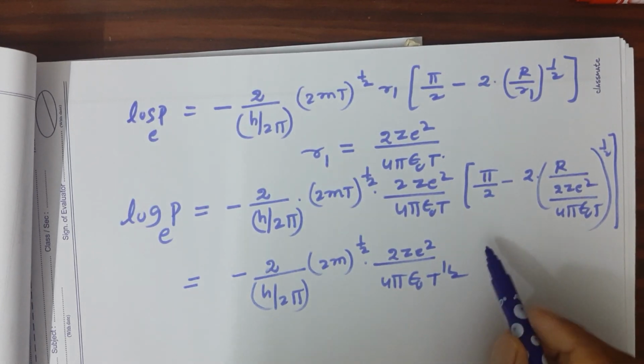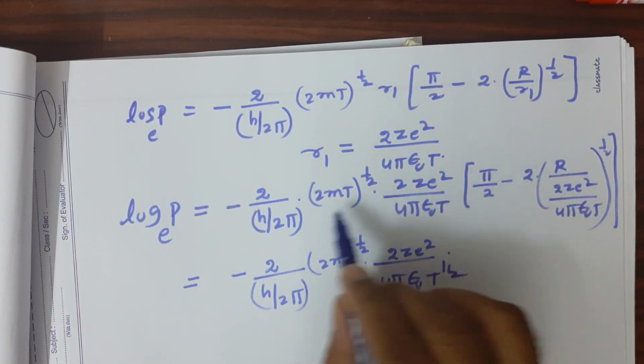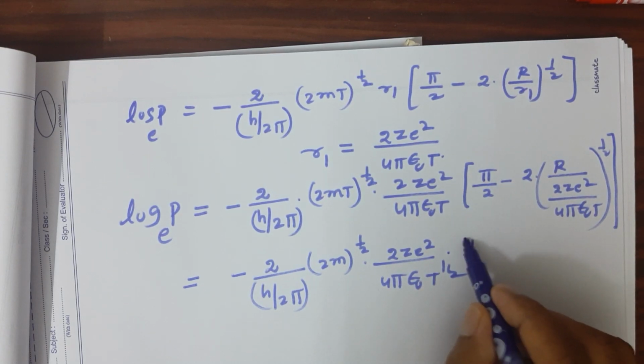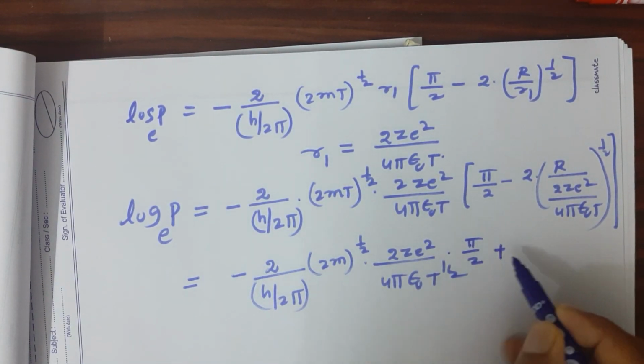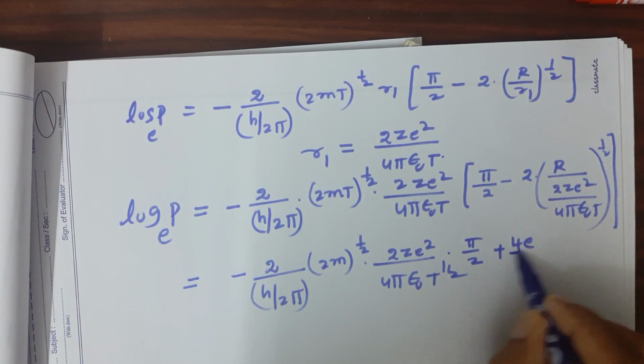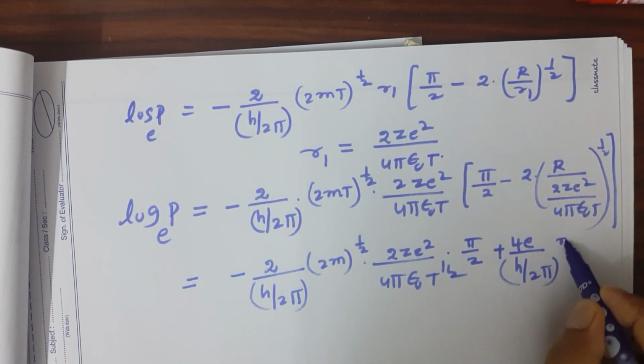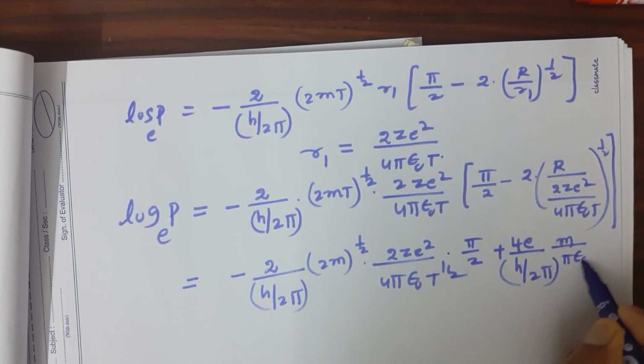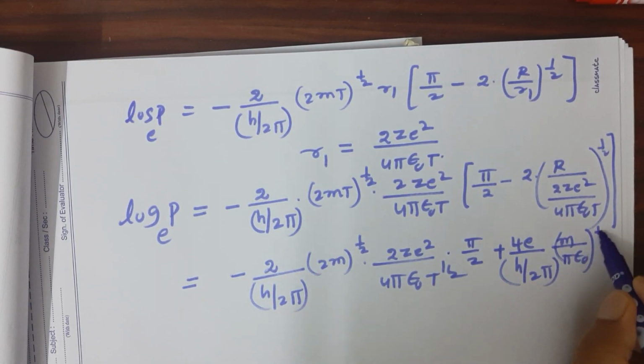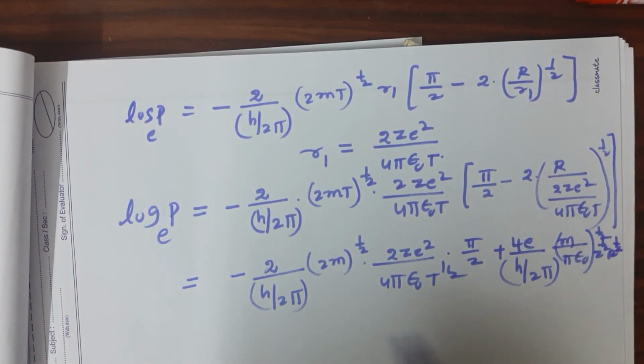So here t to the power half is left, multiplying into the bracket: the first term is pi by 2 plus 4e by h by 2 pi, square root of m by pi epsilon naught, z to the power half into R to the power half.